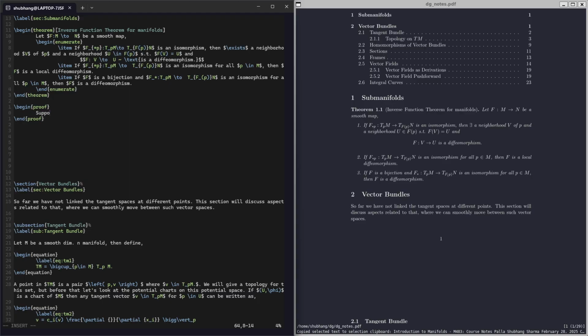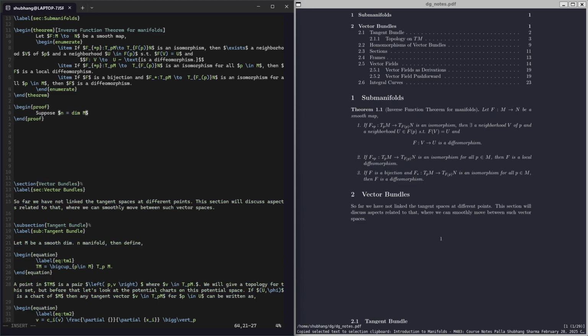Suppose, okay, so we are proving that in all cases f star is an isomorphism, so we will of course take the dimension to be the same.